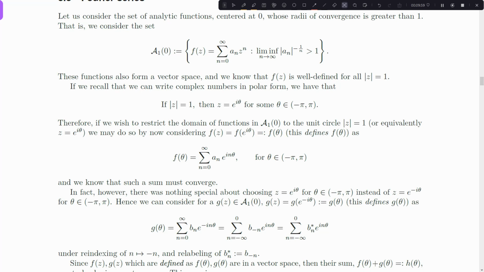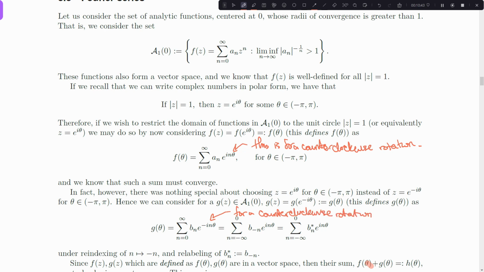But there's actually nothing special that said I had to define a clockwise rotation or a counterclockwise rotation. This is for a clockwise rotation. And it turns out I could totally define functions for a counterclockwise rotation instead.